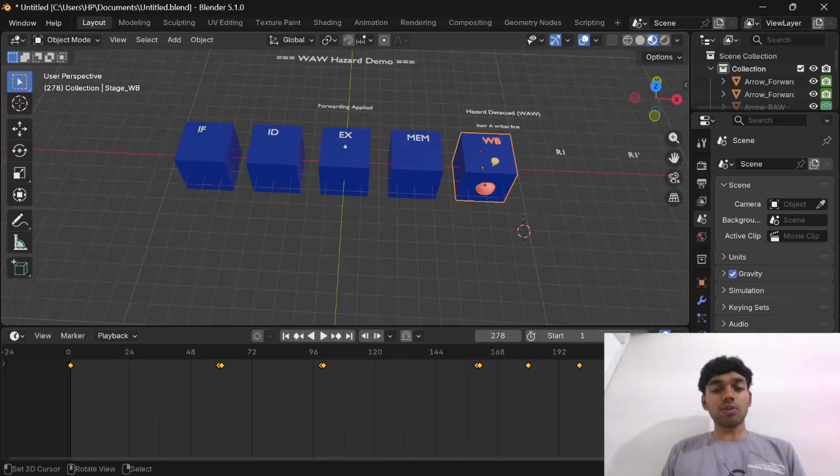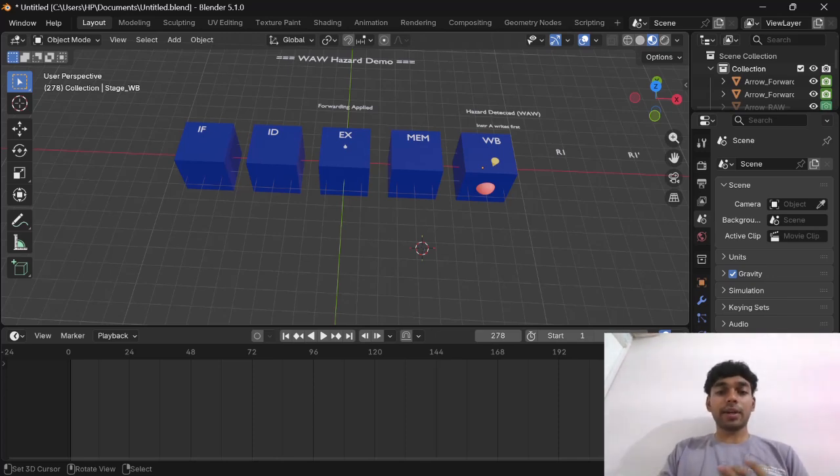The solution for this dependency is the concept named stalling, or we can say reordering. Basically, the first instruction writes back first, and only then the second instruction gets executed and written back into the registers. So in this case, ordering is the key solution for solving this dependency.